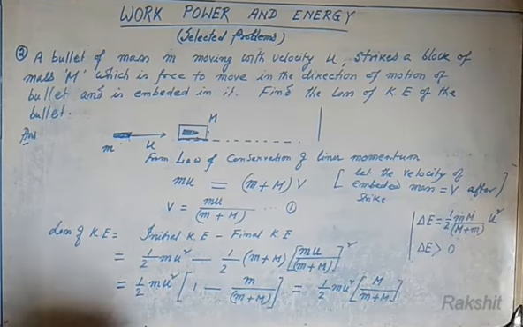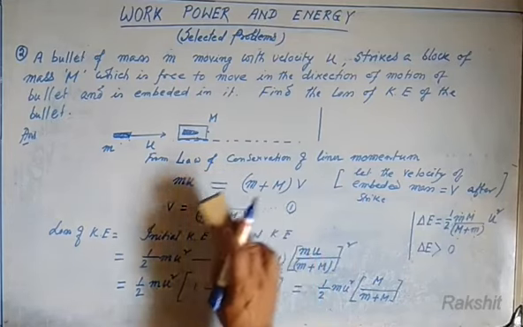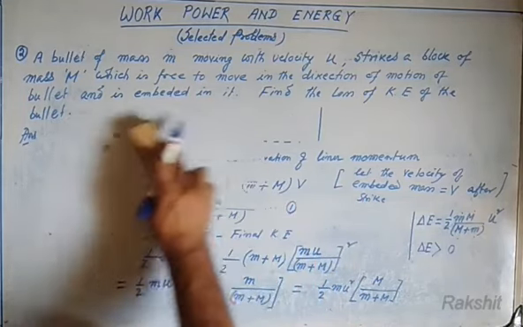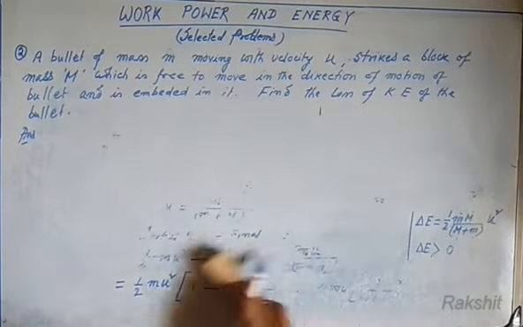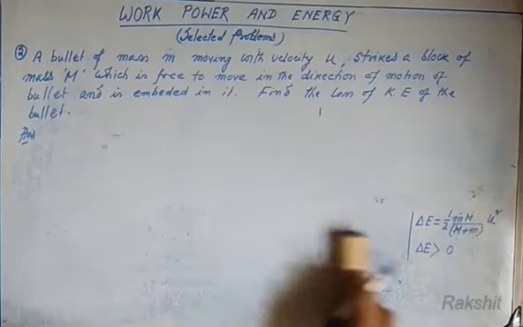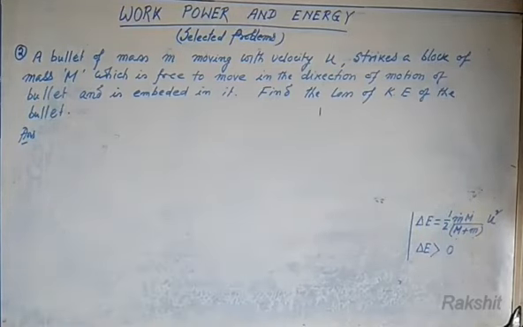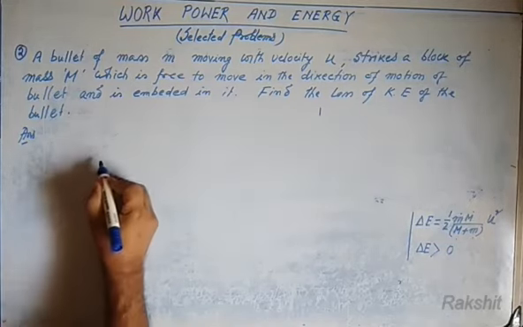So what happens to the lost energy? Now I am giving a question to you. You must solve it independently or think independently. So this is the expression for the loss of kinetic energy.